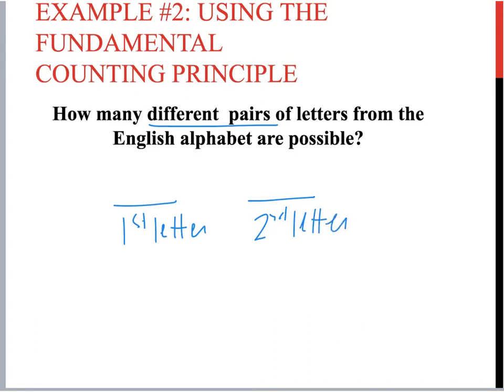For us, there are 26 possibilities for the first letter and 26 possibilities for the second letter. So what we would do is 26 times 26, which is going to give us 676 possibilities.